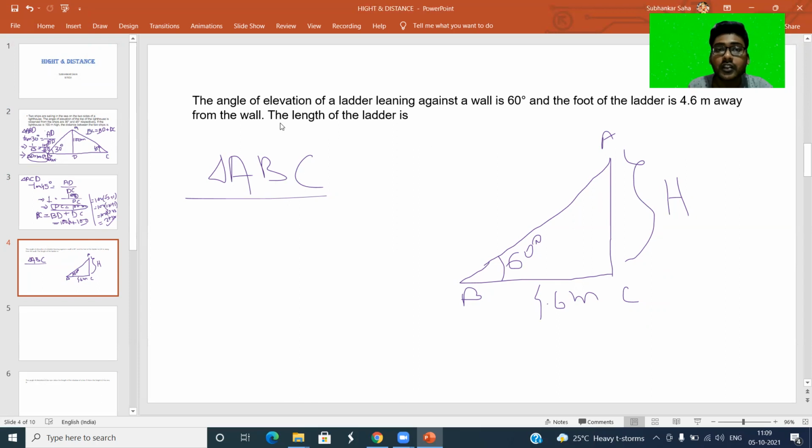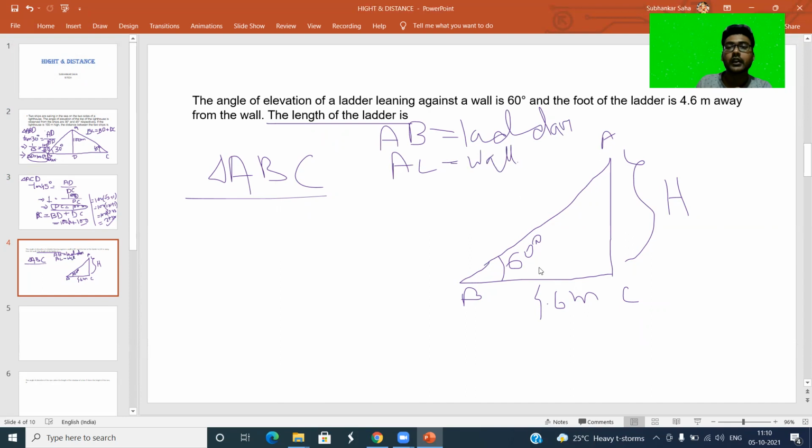But in this question, we need to find the length of the ladder. In this diagram, what is the ladder? AB is the ladder, and AC is the wall.